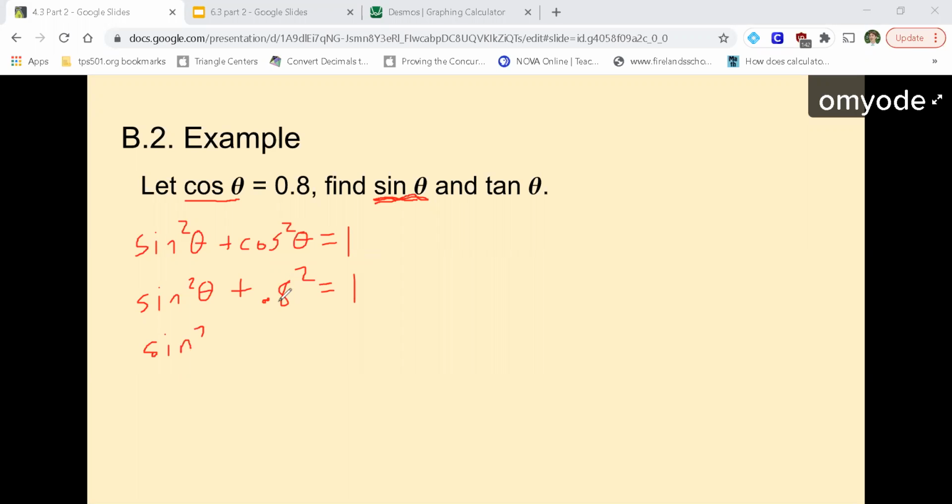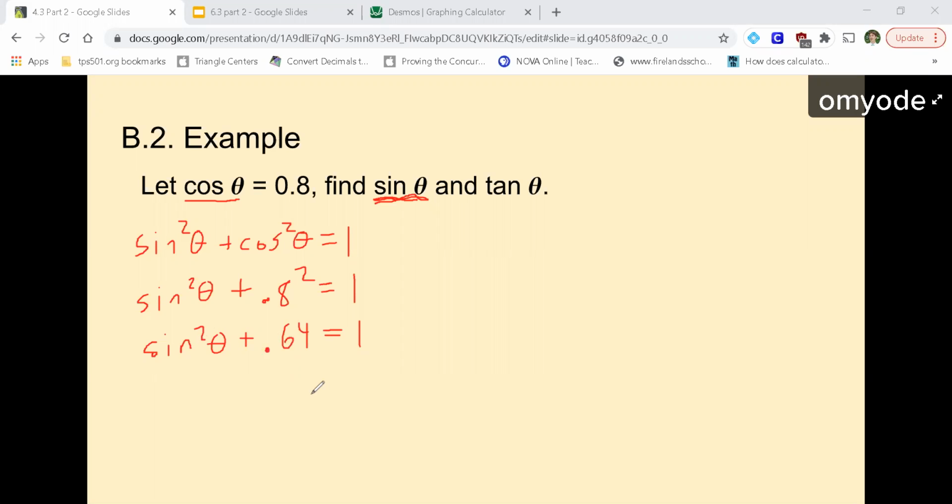So then that gives me sine squared plus 0.64 is 1. To get sine by itself, I need to get rid of this squared and the 0.64.